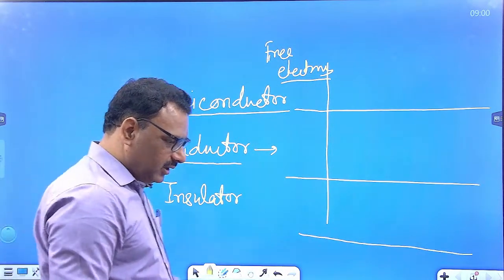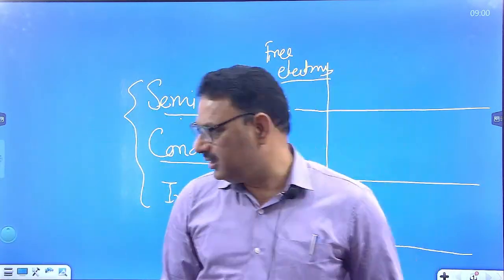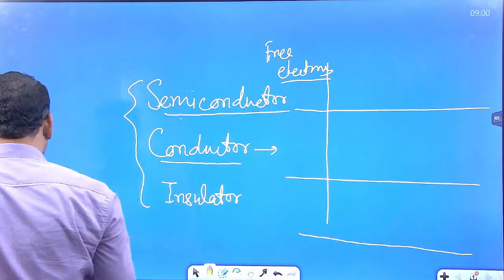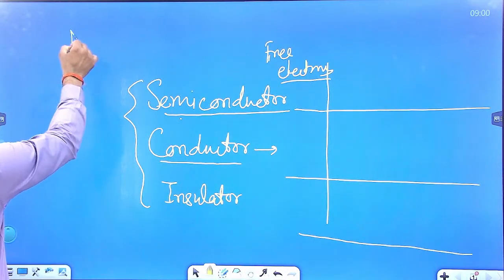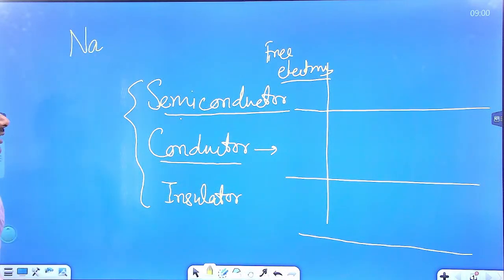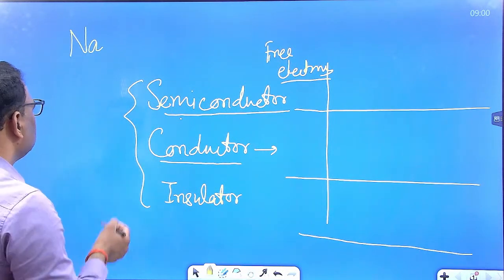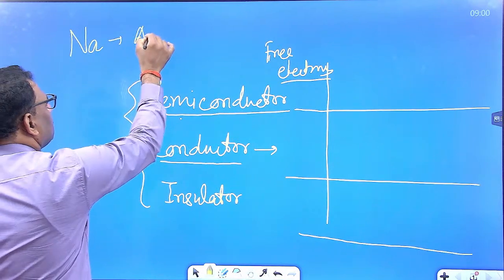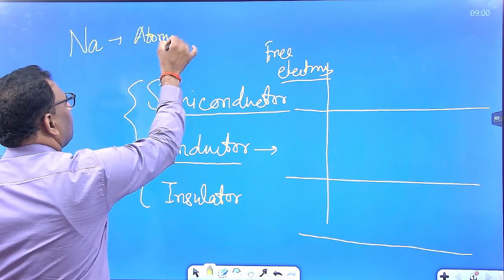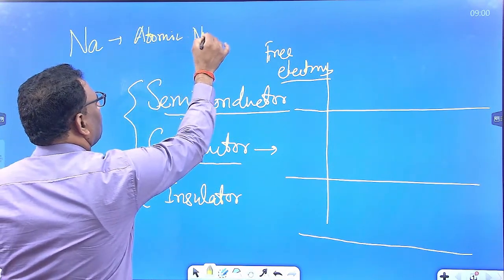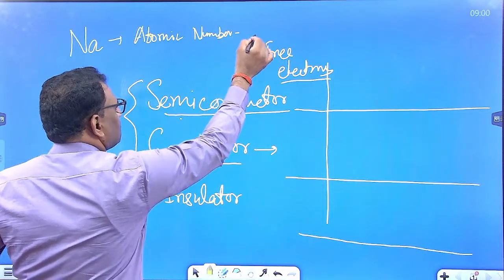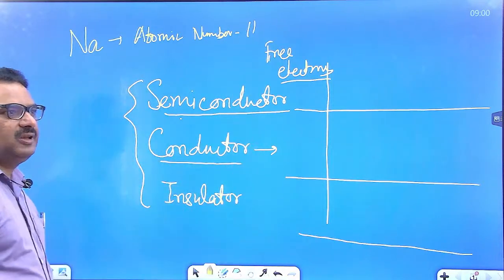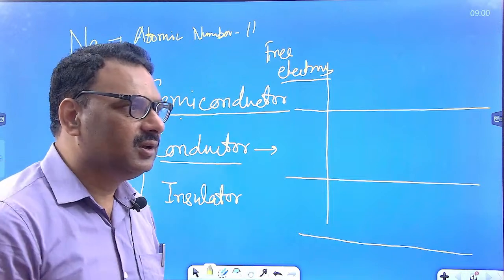If you go to the atomic structure of any element, say for example we will take sodium, Na. In this sodium, the atomic number is 11. Means it has 11 electrons.